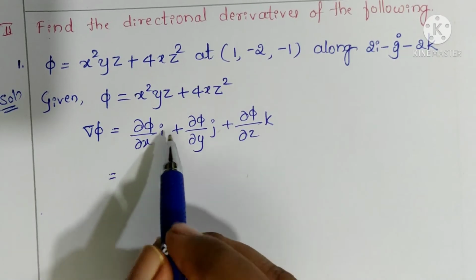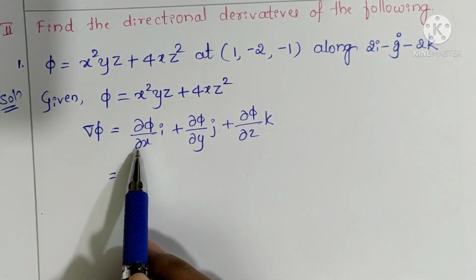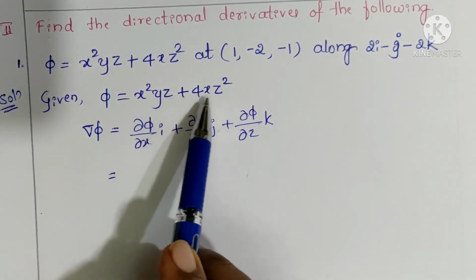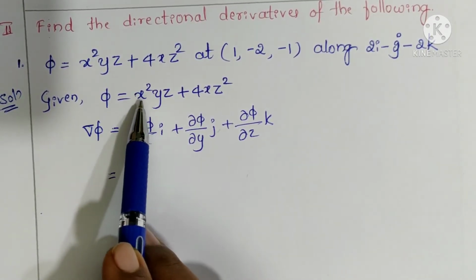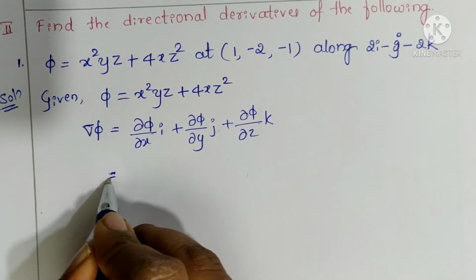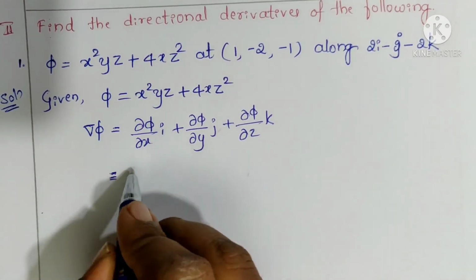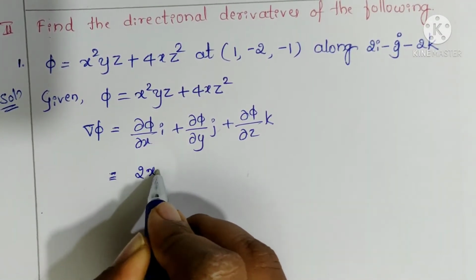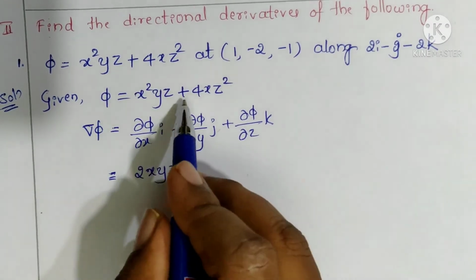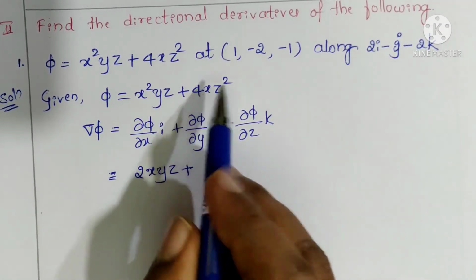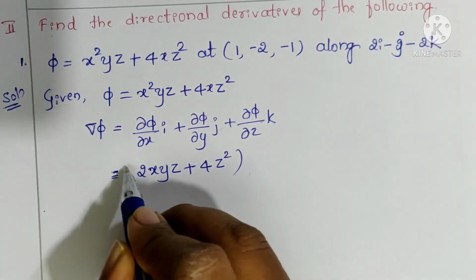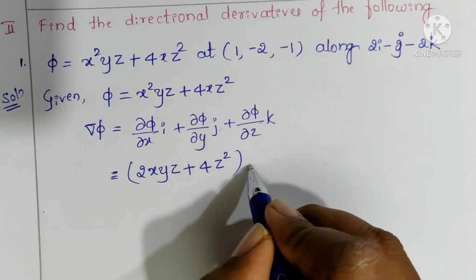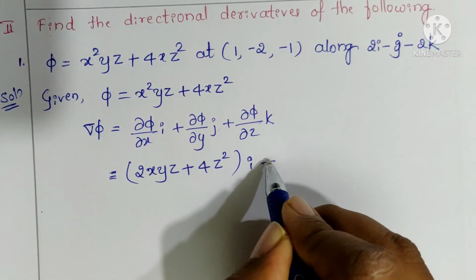So now as I told you, dou phi by dou x. When you differentiate partially with respect to x, in this term x square, differentiation of x square is 2x yz as it is. So 2x yz plus 4x z square. So differentiation of x is 1, we are left with 4z square. So 4z square into i plus.